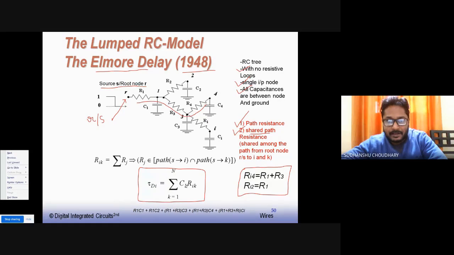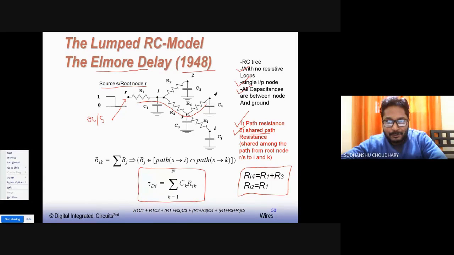When k is equal to 2, the delay would use the shared path resistance, Rik. So when k is equal to 2, the RC delay is R1 C2, because the shared path resistance is R1. So R2 is not coming into the picture.